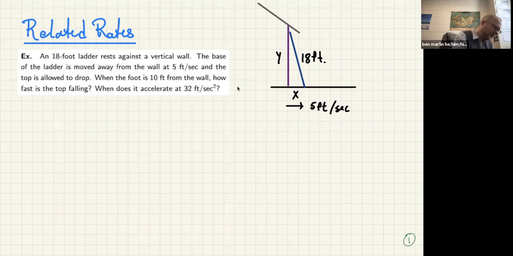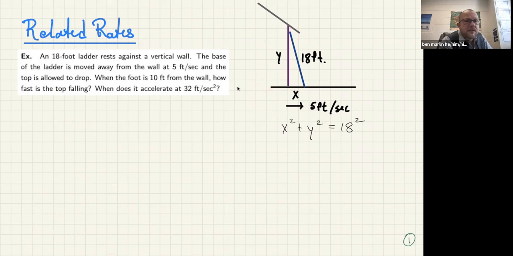this up here is a right triangle. And that right triangle, I've gone ahead and labeled X and Y to be the two sides of it, and I know the hypotenuse. And I know this guy named Pythagoras, and he told me that right triangles always have this particular equation to be true for them, okay?